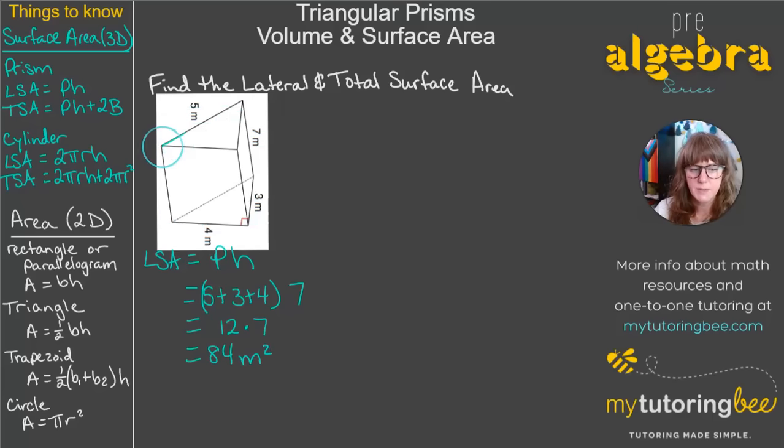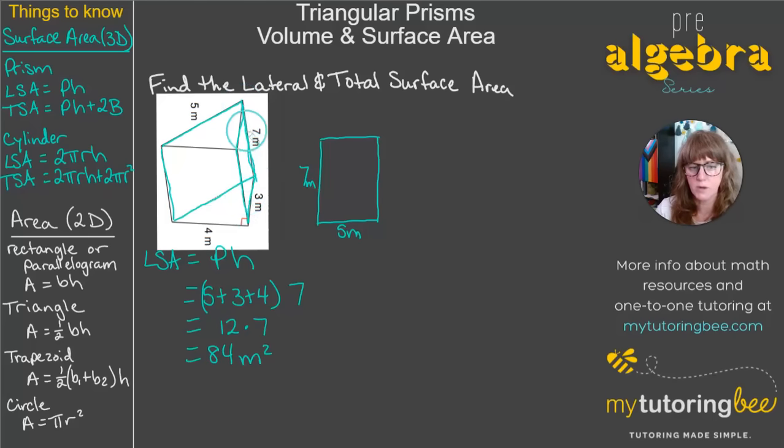I'm going to start with this rectangle back here, which is 5 meters wide and 7 meters tall, right? I'm going to try to give myself enough room to make sure I have room for the other shapes that are going to be added to this, but this is 7 meters tall and this is going to be 5 meters wide right here. So that represents this rectangle back here. And then we're just going to continue going around the shape with the next wall.